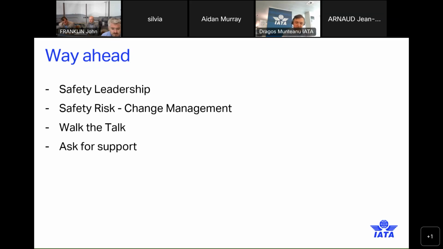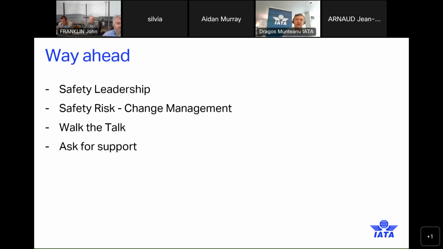What we need, in fact, is to make sure that the safety policy now, more than ever, is put to good use. How can we deal with this challenging period with so many crises and so many difficult items to act on? Well, we have the change management process. We have the SMS.